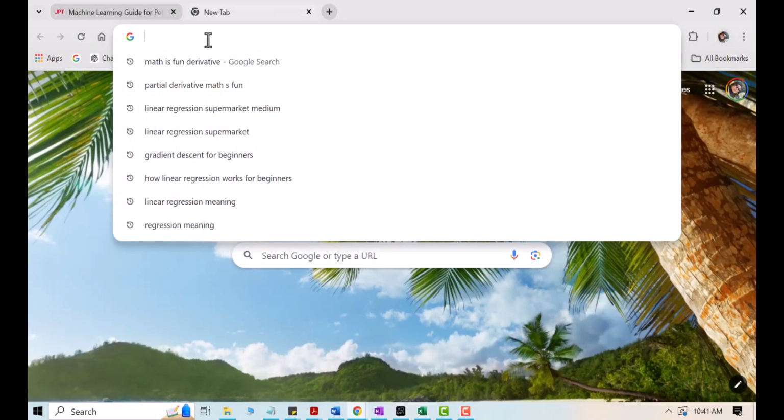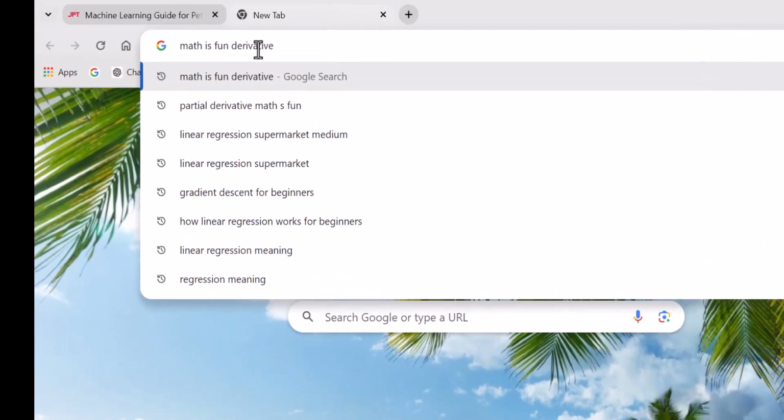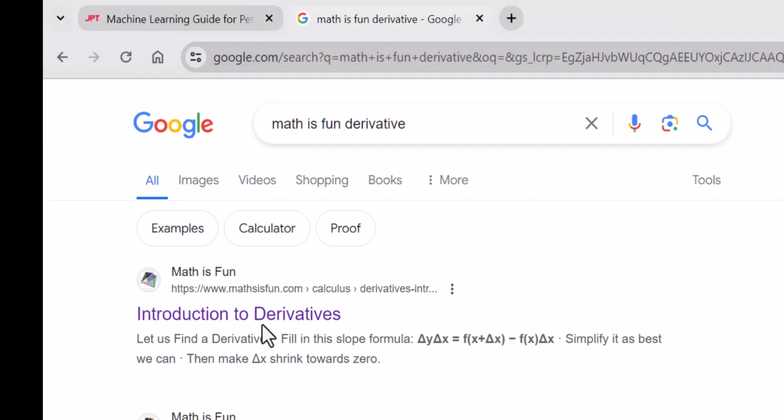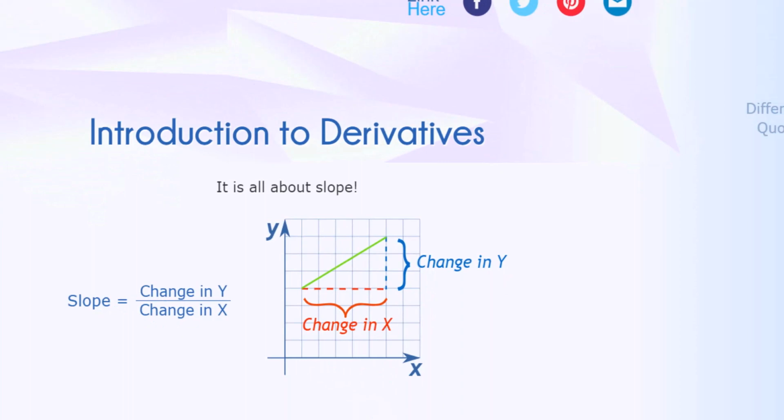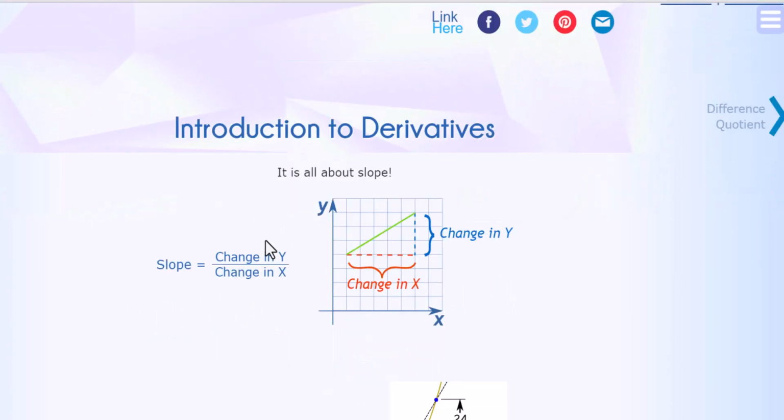Let's talk about derivative with the help of the Math is Fun website, which is an awesome website about maths. Let's get a little bit introduced to derivative. I will not dive deep. We know from the linear equation that slope is the rate of change of y with respect to x.